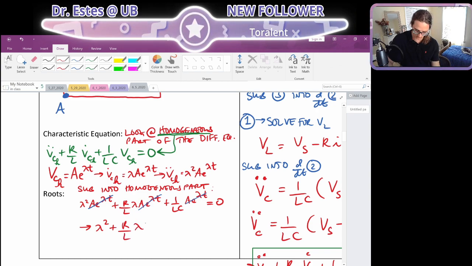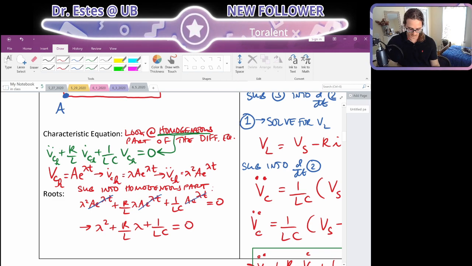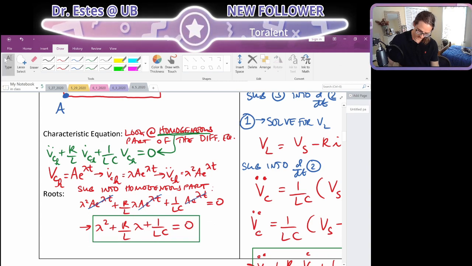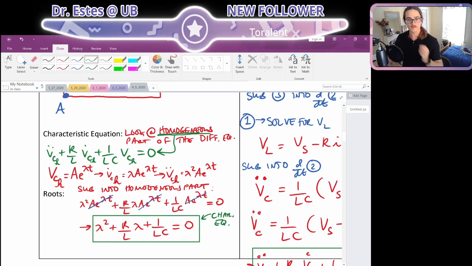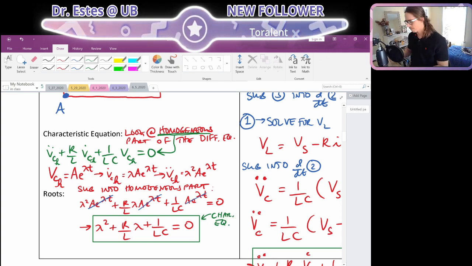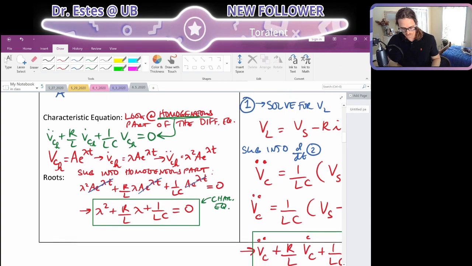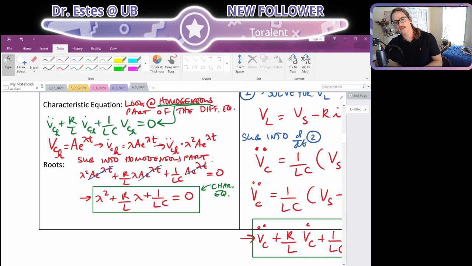It's just a polynomial in terms of lambda. That's our characteristic equation. So you can see it's second order, so we're going to have two roots.